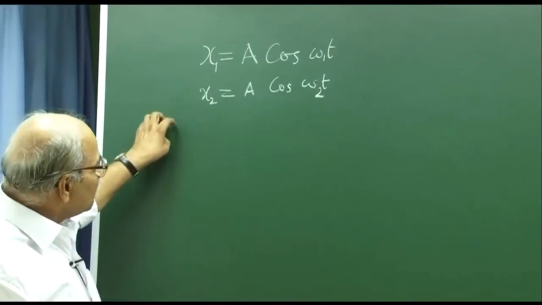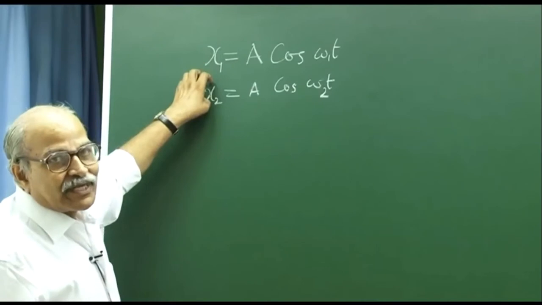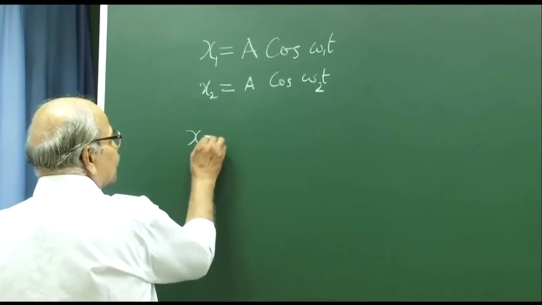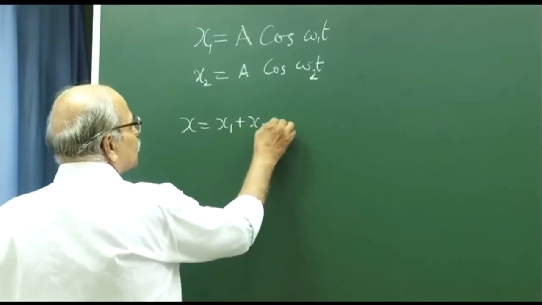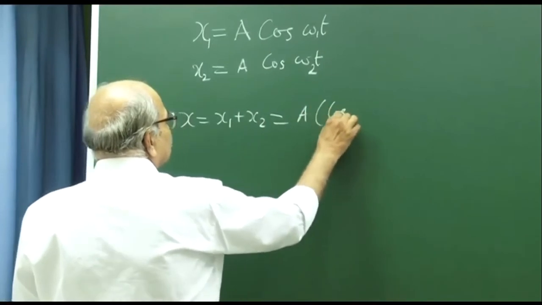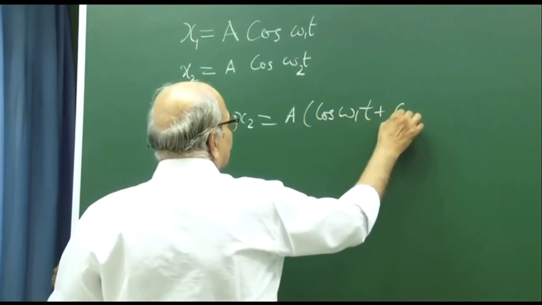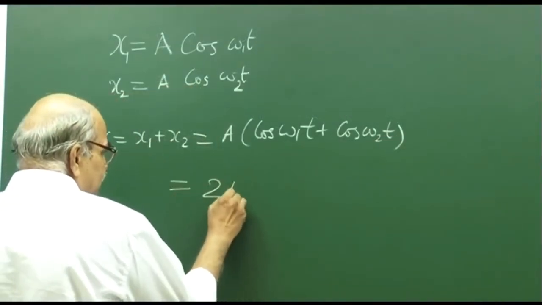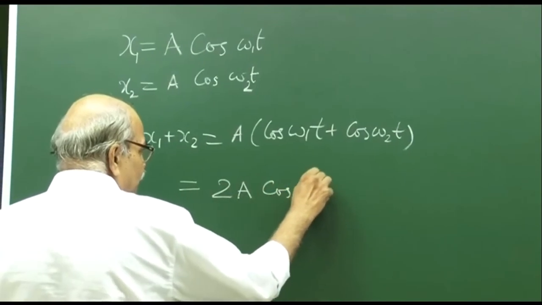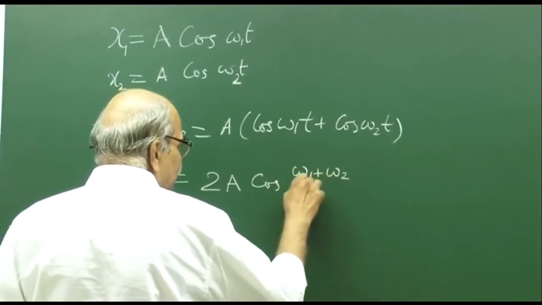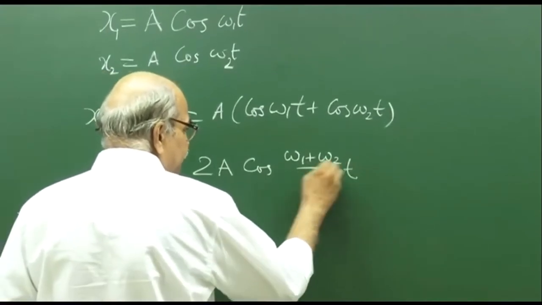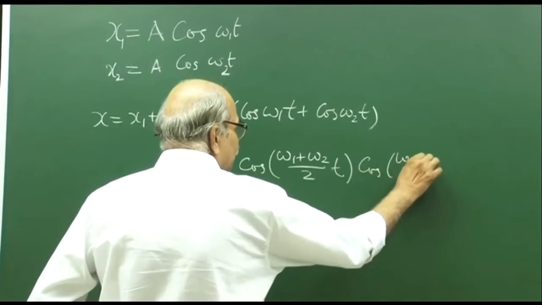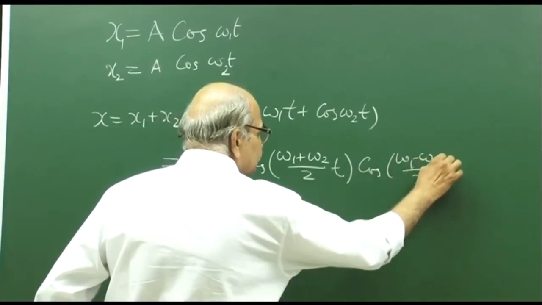If that object is given both these oscillations together, this oscillation as well as this oscillation, then it will have x, which is x1 plus x2, which will be a cos of omega 1 t plus cos of omega 2 t, and that will be 2 times a cos (omega 1 plus omega 2)/2 t and cos (omega 1 minus omega 2)/2 t.